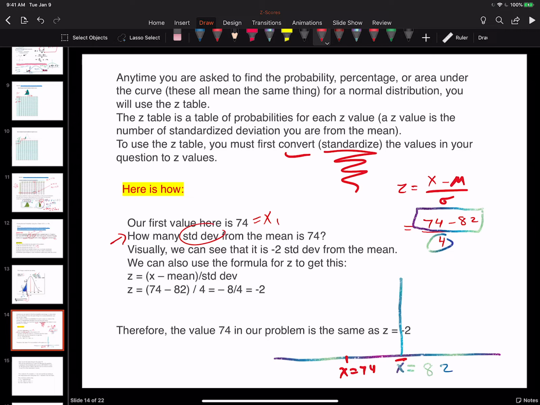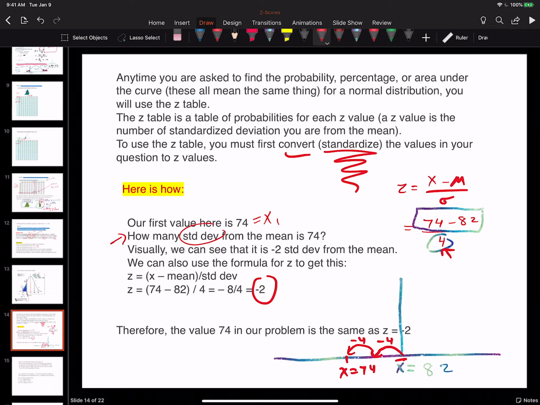Well, to go down from 82 to 74, let's go down one step. I'm going to call this step a standard deviation. The standard deviation is 4, so let's go down 4 units. 82 minus 4 will be 78, minus 4 again is 74. So how many standard deviations is 74 below 82? The answer is 2. 2 standard deviations below, that's -2.